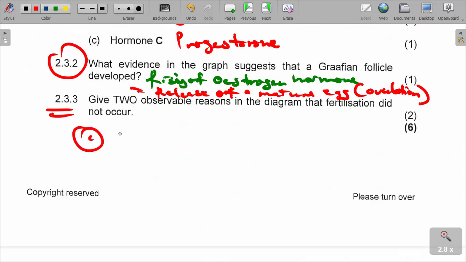One, the decrease in progesterone levels.